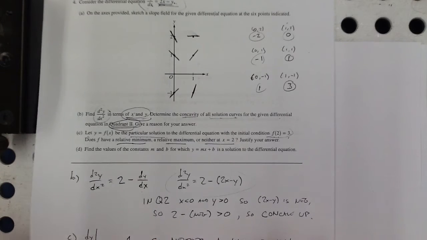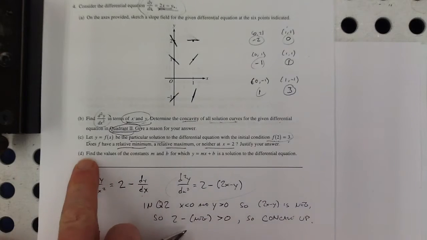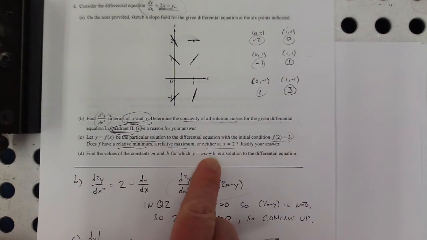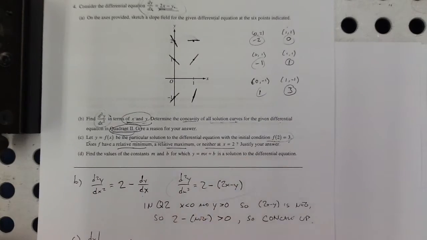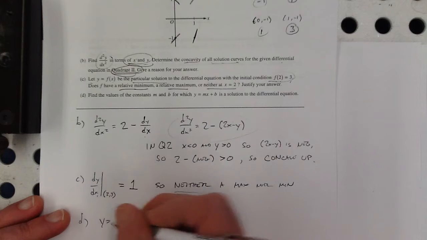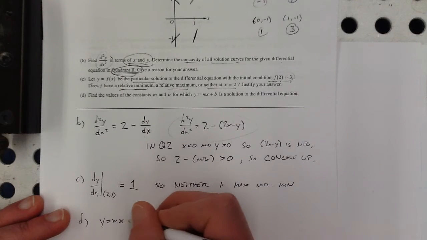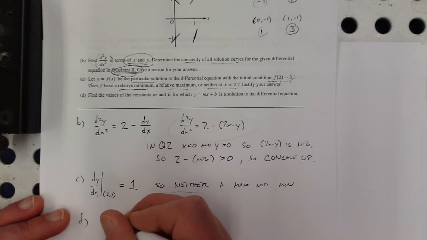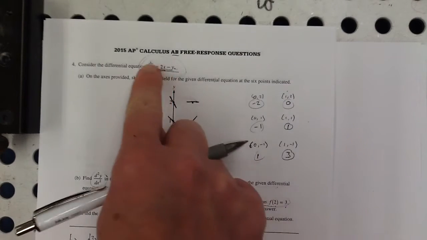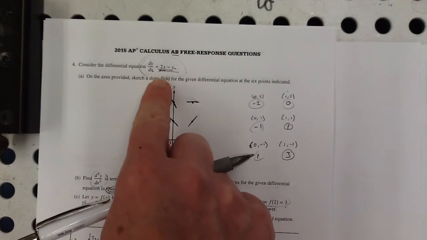All right. Last part, find the values of the constants m and b for which y equals mx plus b is a solution to the differential equation. How would you do that? Well, let's think about what we know. If this is going to be a solution to the differential equation, then when I take the derivative of this, I have to get this.